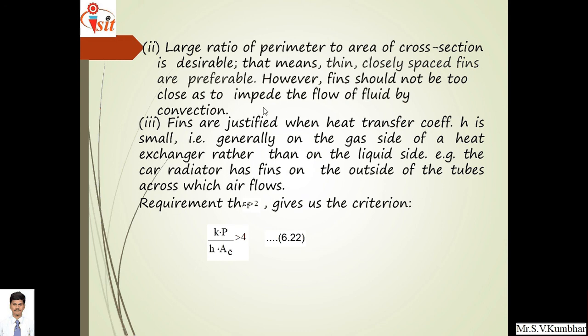And third, fins are justified when heat transfer coefficient h is very small, that is generally on the gas side of a heat exchanger rather than on the liquid side. For example, a car radiator has fins on the outside of the tube across which air flows. Therefore, in that case, hP upon hAc is greater than 4.